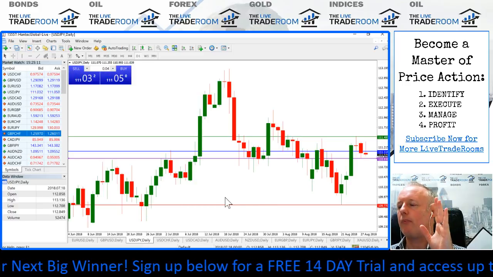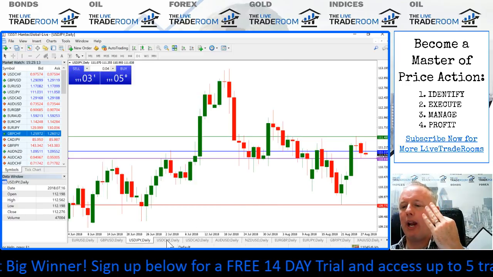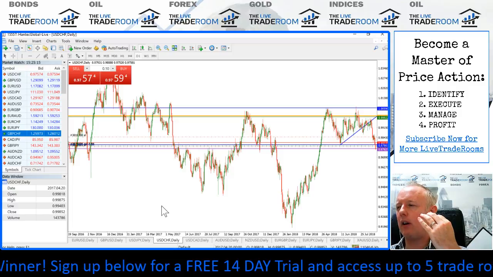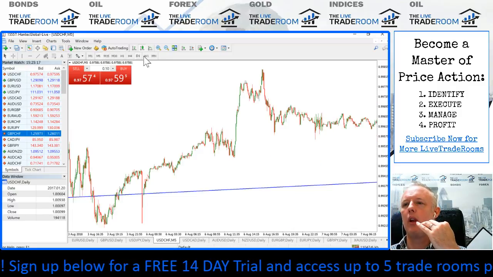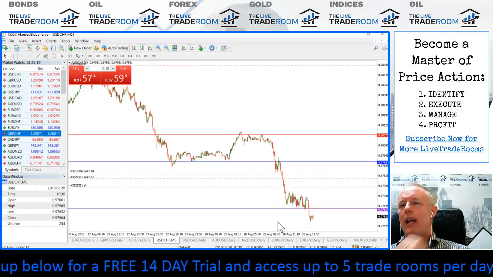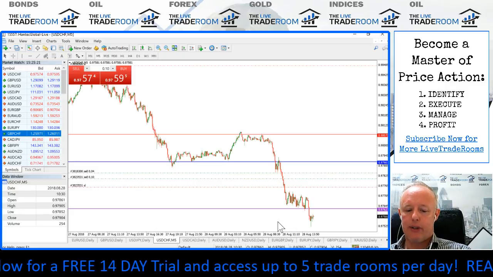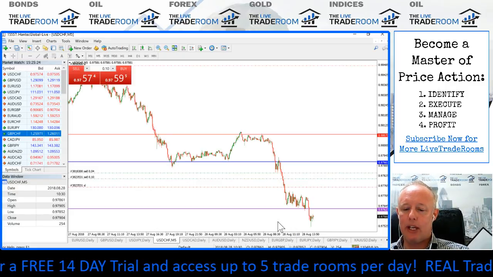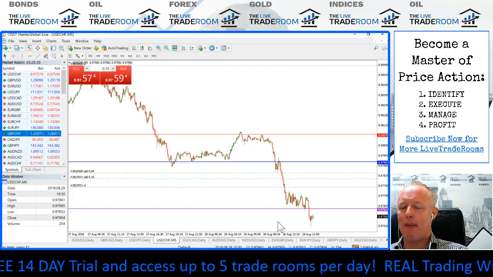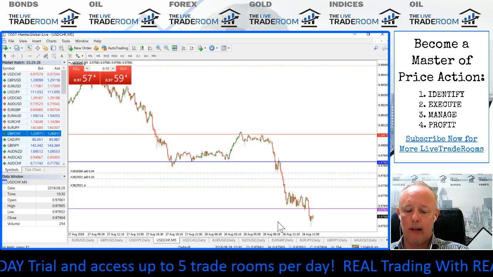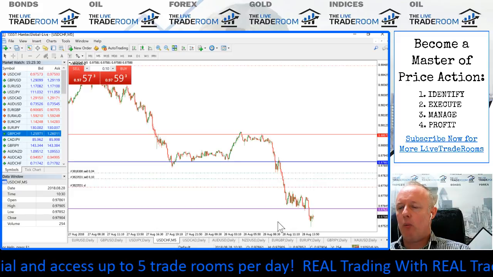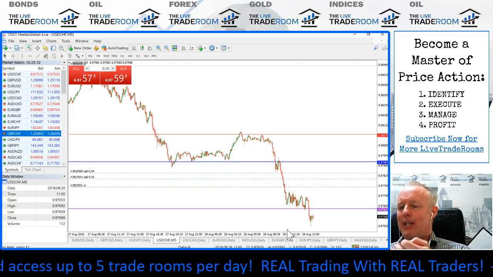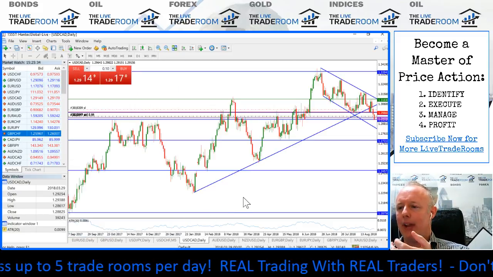So don't forget, we're trading effectively in the month of August. So we're going to have a lot of traders coming to these markets next week, and they might have a different opinion about the dollar. So what we want to do is just focus on trading what we're seeing and not necessarily trading what we think.